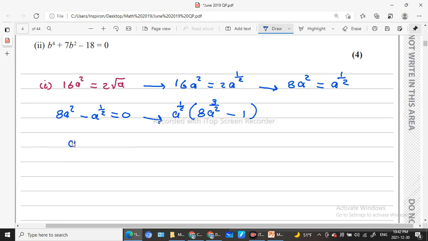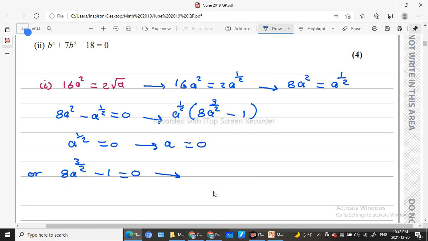Now a to the half equals 0. This means that a equals 0. Or 8a to power 3 over 2 minus 1 equals 0.